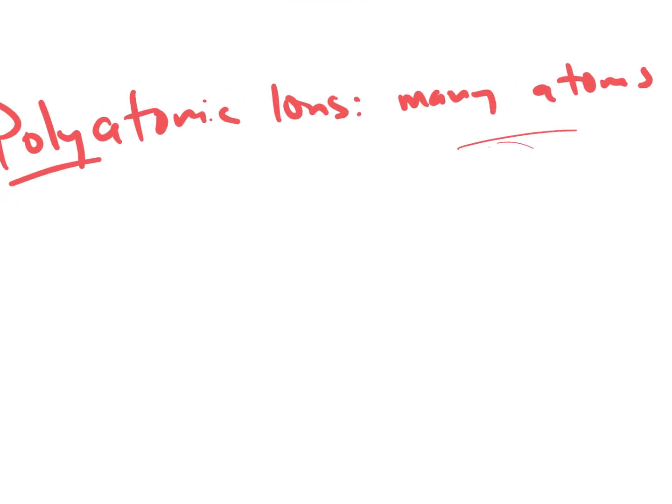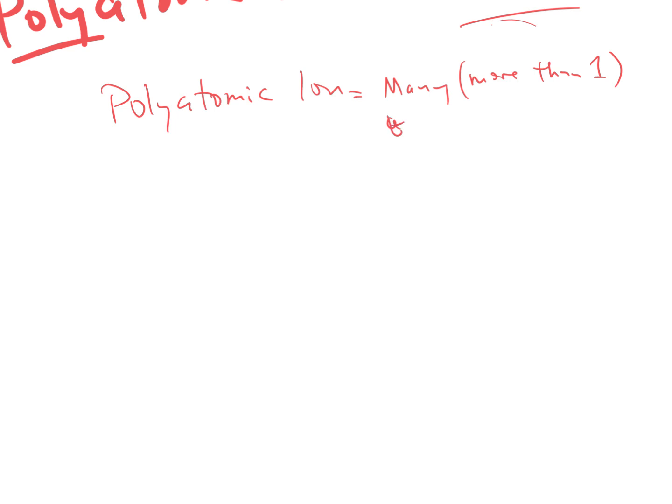There we go. Polyatomic: many or more than one element in a compound or in an ion. Good?